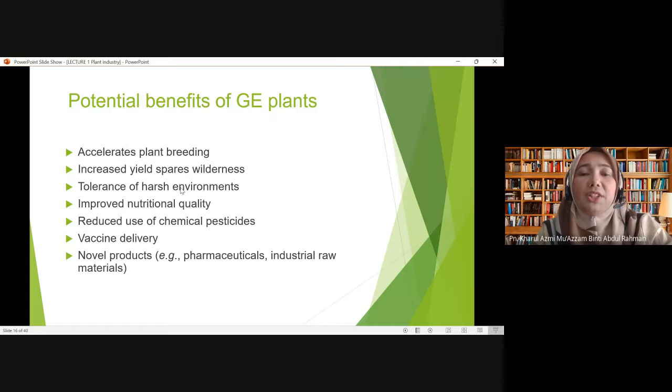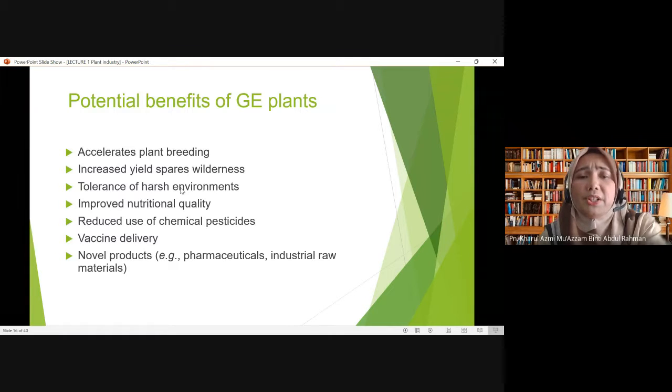Okay, also it can improve the nutritional quality, ya, kalau dihasilkan buah lebih bernutrisi, berkhasiat. And then at the same time we can reduce the use of chemical pesticide, sebabnya kalau kadar kerintangan dia terhadap penyakit ataupun harsh environment tinggi, kita tak perlu guna chemical pesticide ni untuk melawan serangga.